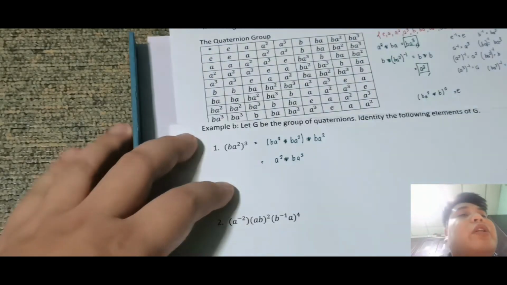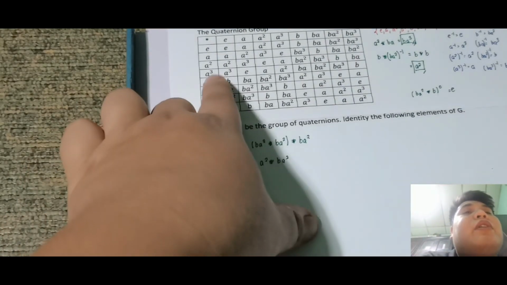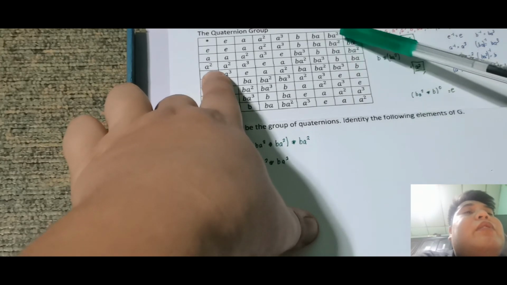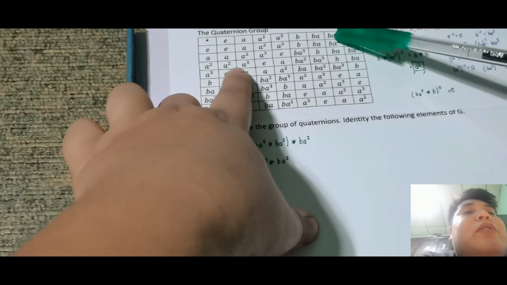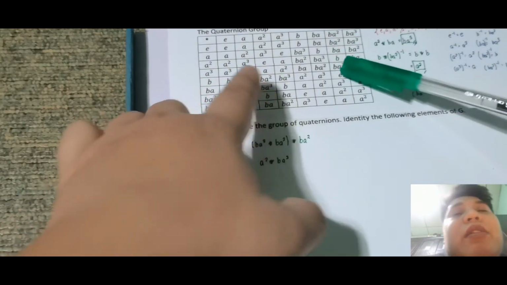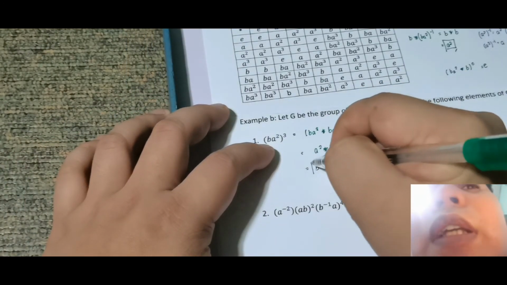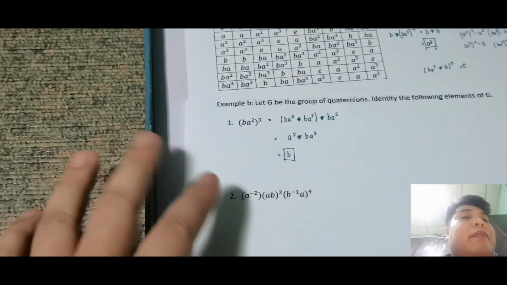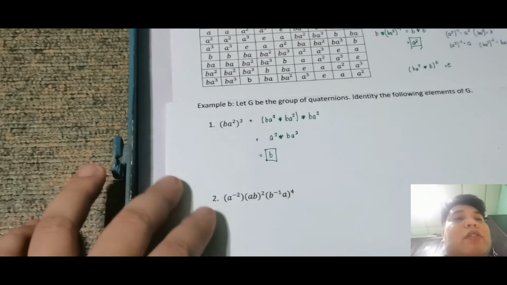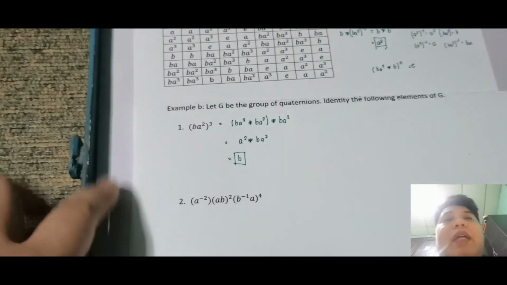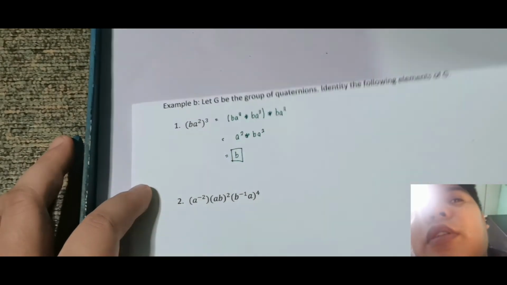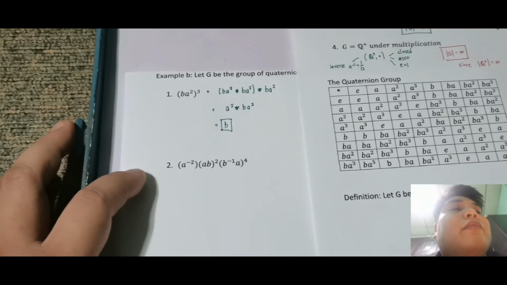So next is A squared times BA squared, nag-meet sila sa B. So meaning ang sagot dito is just B. Okay, so ganun siya, simple. So ang basic. Dali ba yan? So sana all dadali yan, di ba?